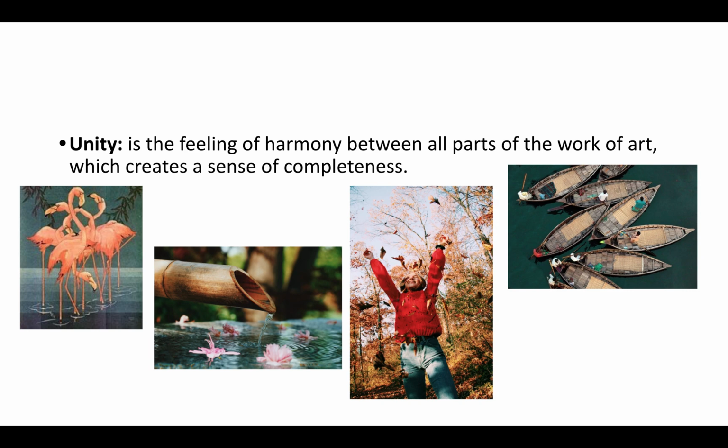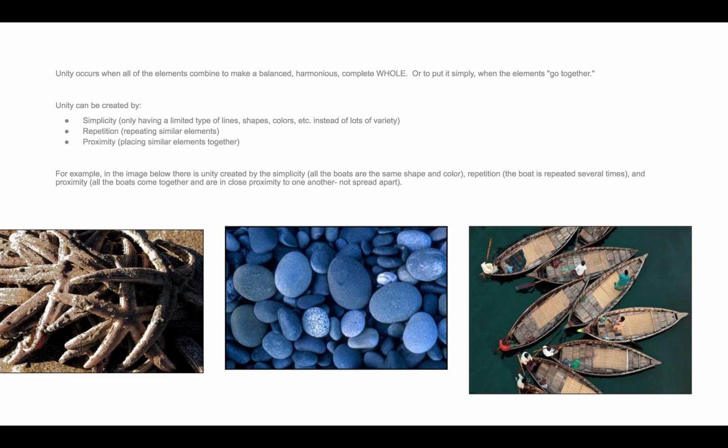So you might be saying, Mrs. Vogel, what's with the red sweater-shirted girl in the fall leaves? Well, it's unified because she's clearly a girl playing outside in the fall. It's not like she's in a bikini and throwing up leaves. You know what I'm saying? You can find unification in a lot of your photos if it just makes sense and looks complete.